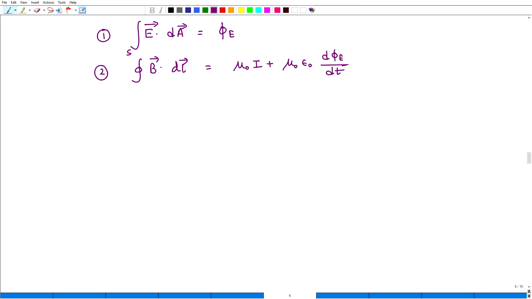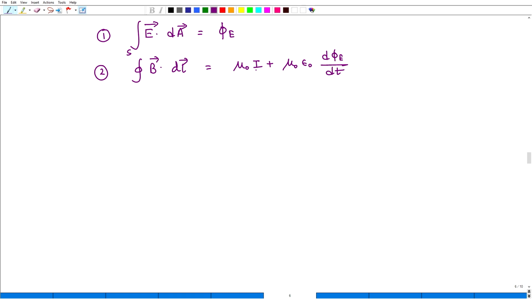Okay, so what does it mean? What is the physical significance of this mathematical expression? This expression means that the main point of this law is that a magnetic field can essentially be produced in two ways. One of the forms is if current flows. There are two parts here.